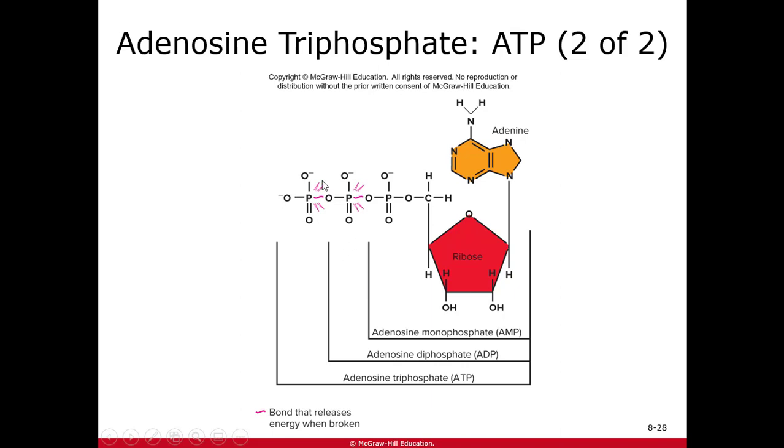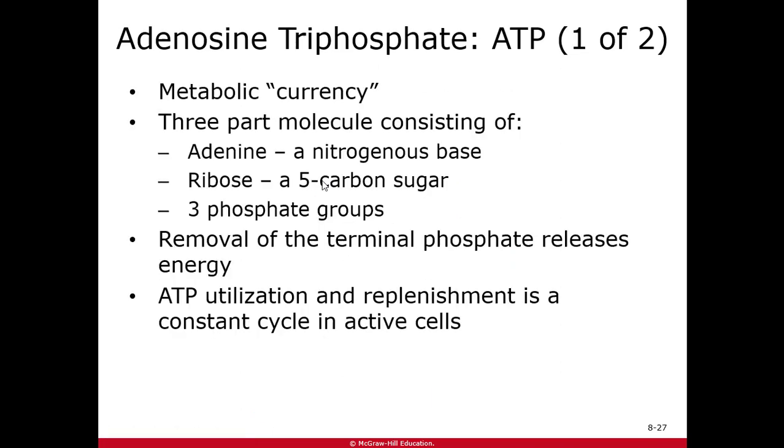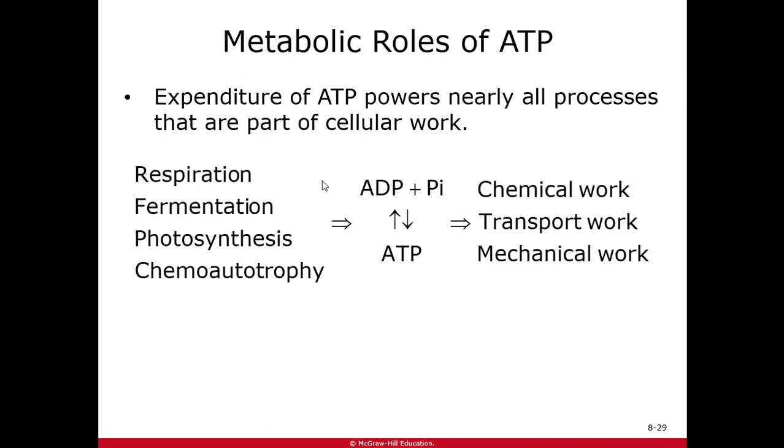We'll go forward. There are lots of processes that help make ATP by adding an inorganic phosphate onto ADP, your diphosphate. When you put that third phosphate on and get ATP, we can use the energy that's stored in there now to do some other type of work in the cell.